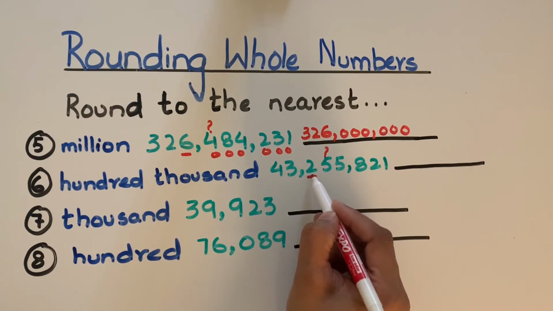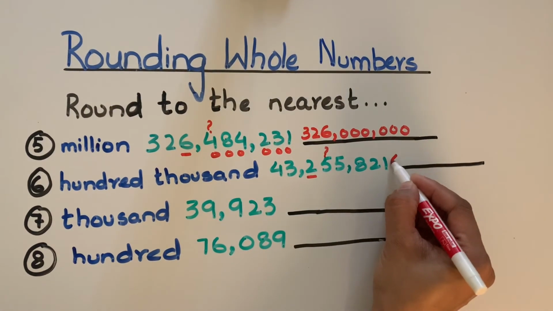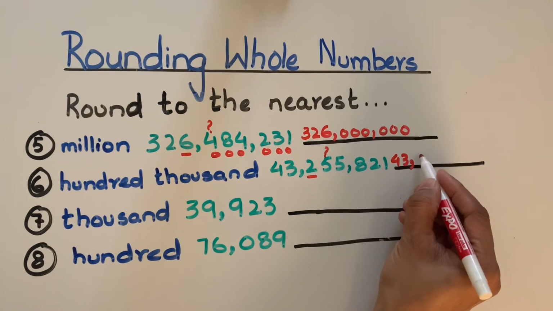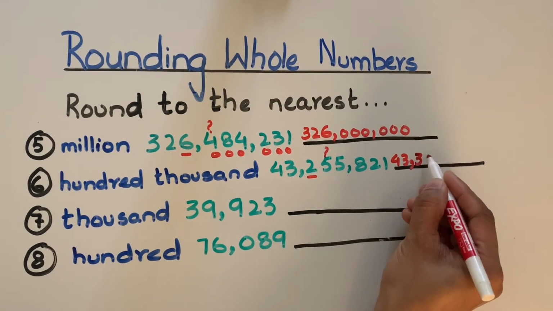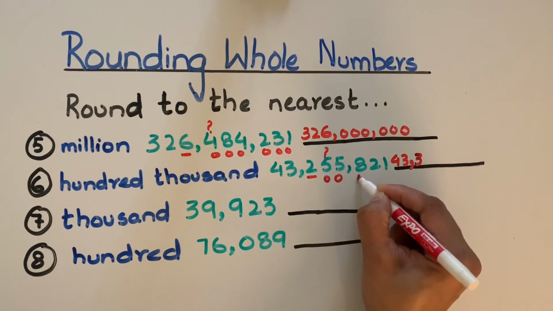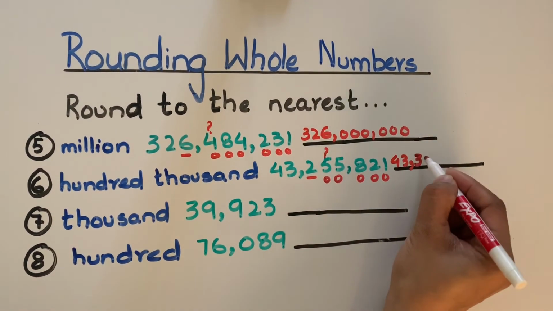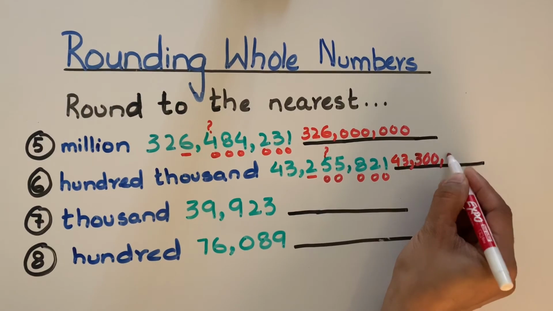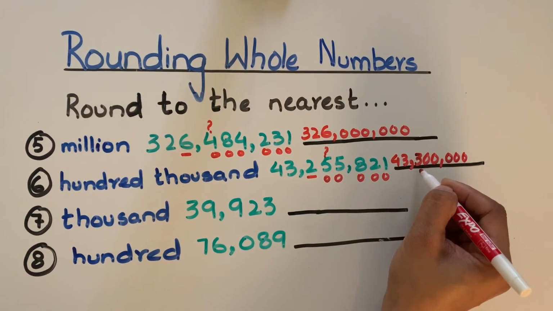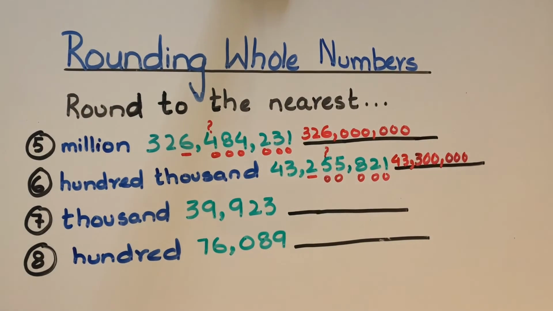So this number will be 3. 43 million 3, and the rest of the digits will be zeros. So 43,300,000. Move to the next question.